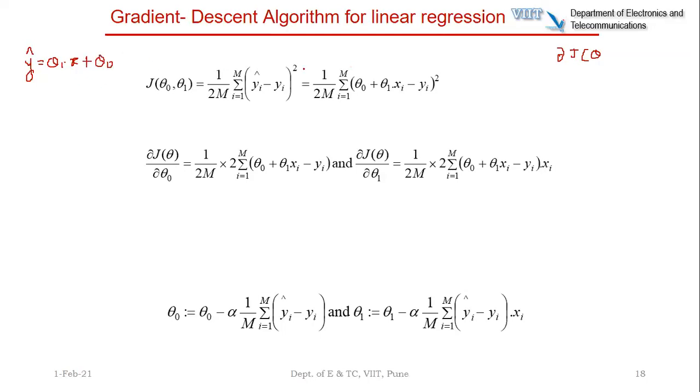So for this model, I have to estimate the parameters theta 1, theta 0. So this is my problem, such that j theta will be as minimum as possible. This is the target. This is our objective. For that, we are finding out the gradient.